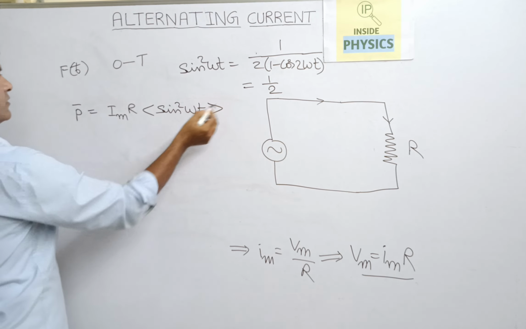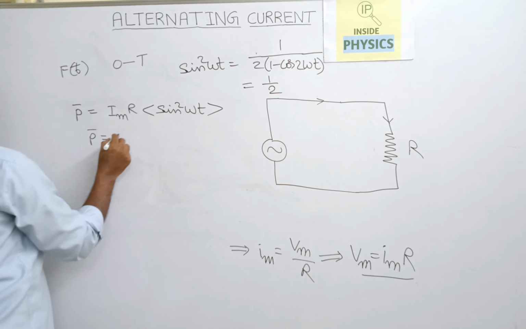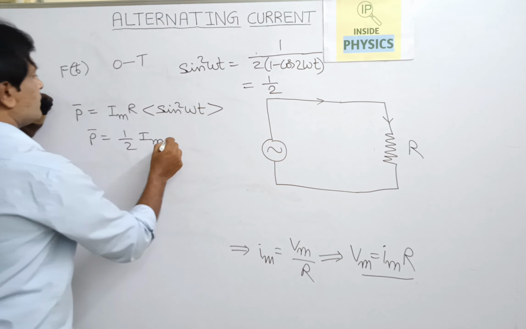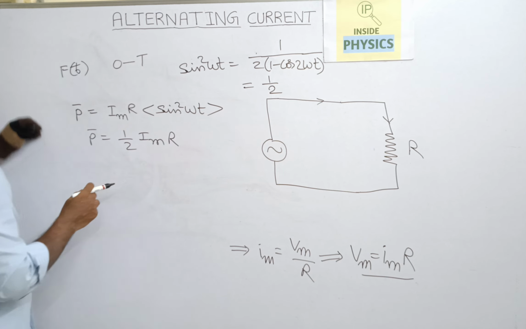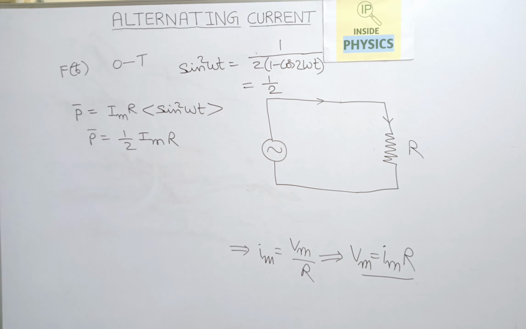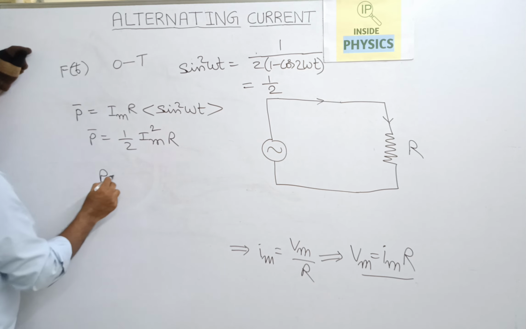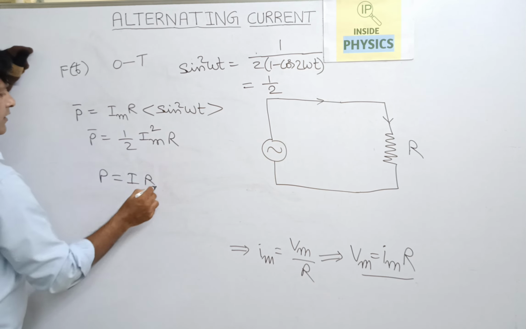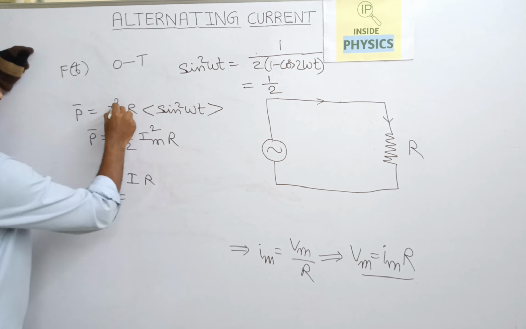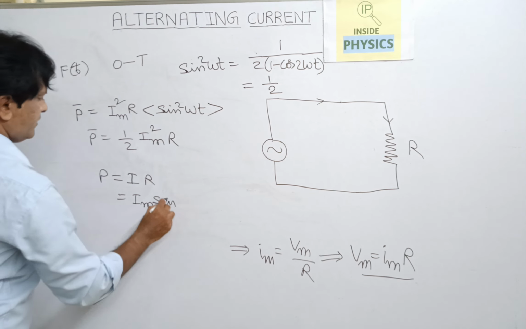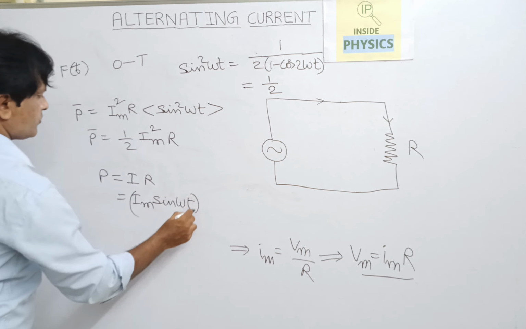In place of this, if you put 1 by 2, average power is equal to half I m square r. Here we need to put a square on I m because the power we wrote in the beginning is I square r, and actually we took I m sin omega t whole square into r.